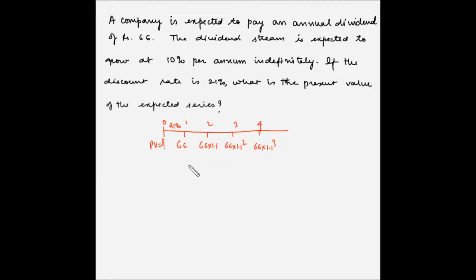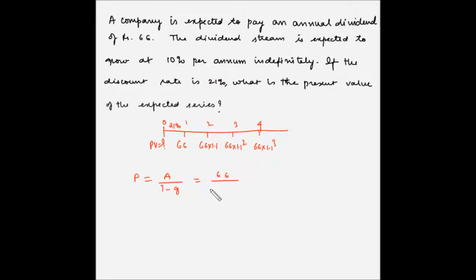So this is a case of finding out the present value of a growing perpetuity. And we know that the formula for finding out the present value of a growing perpetuity is A divided by (i - g), where A is the first payment, i is the discount rate, and g is the growth rate. So this becomes 66 divided by i, which is 21%.